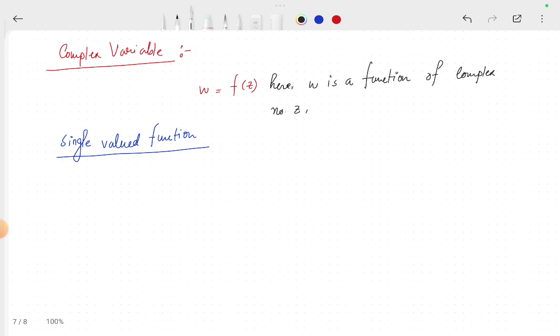What is the meaning of a single valued function in complex variables? Basically, in complex analysis, a function is called single valued if for each complex number the function gives you only one unique value.